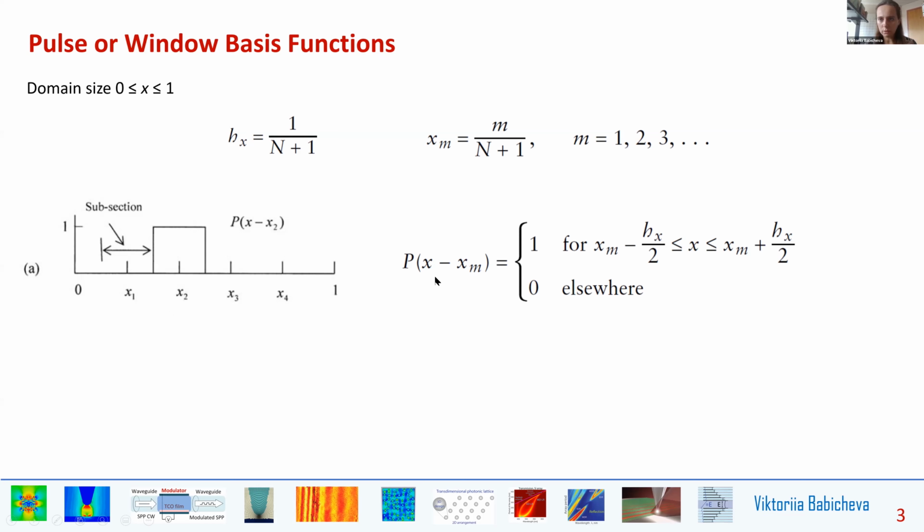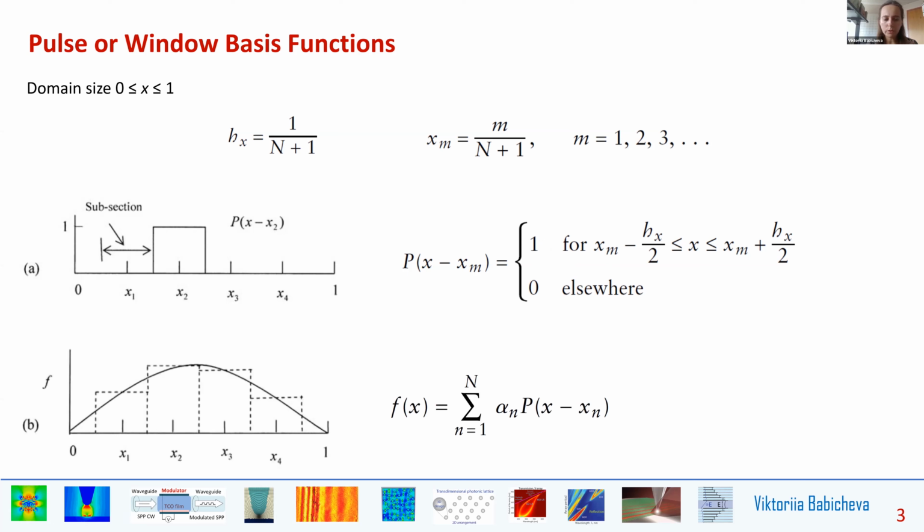p(x minus xm). Basically, you can see it's one in this subdomain region, and it's 0 elsewhere.